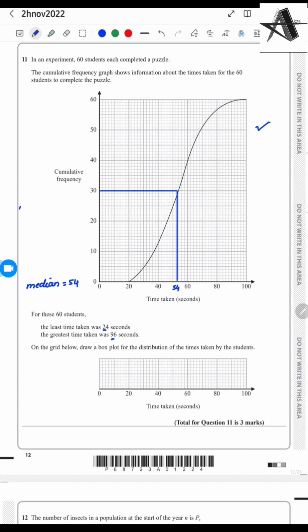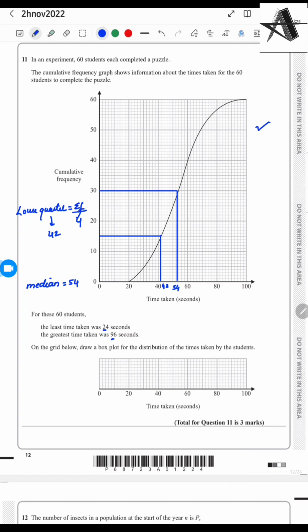So at 15 I'll draw a horizontal line, and once it touches the curve I'll draw a vertical line. This value is 42. So now the lower quartile is 42.